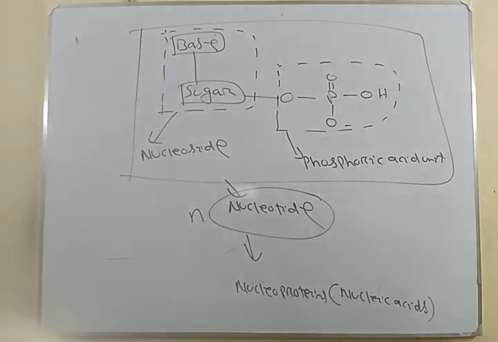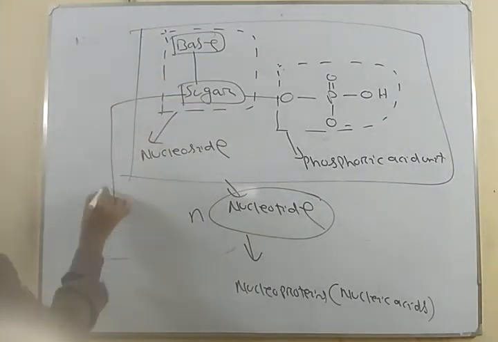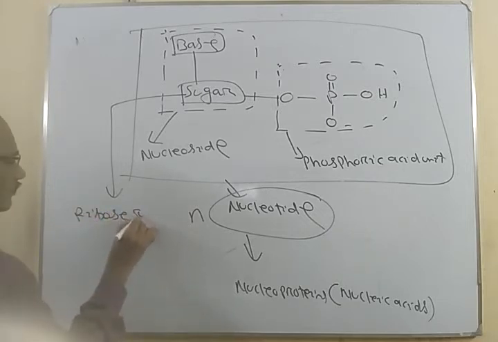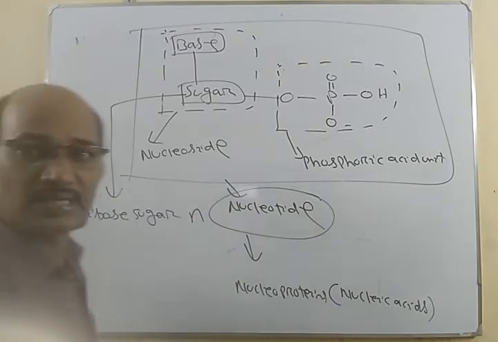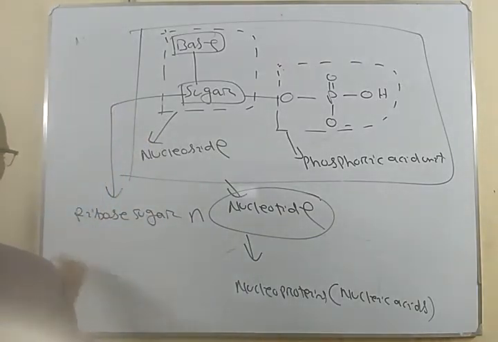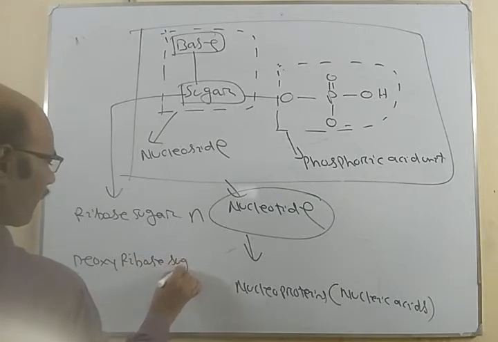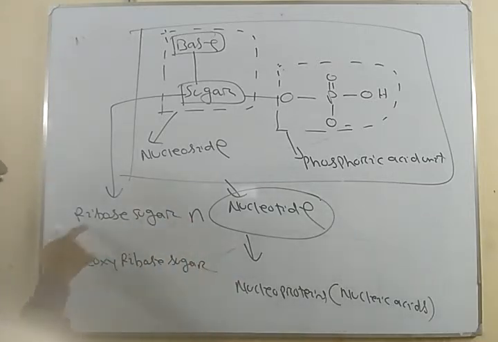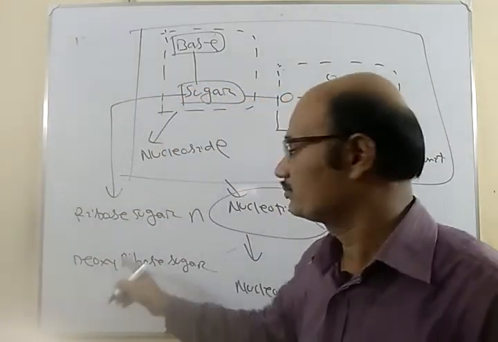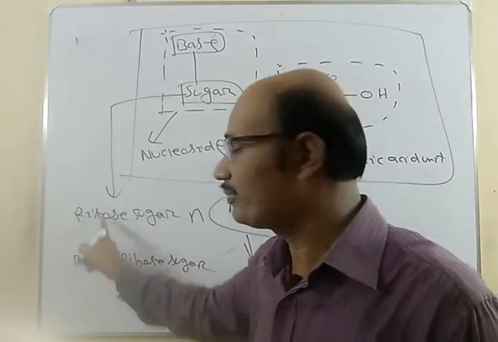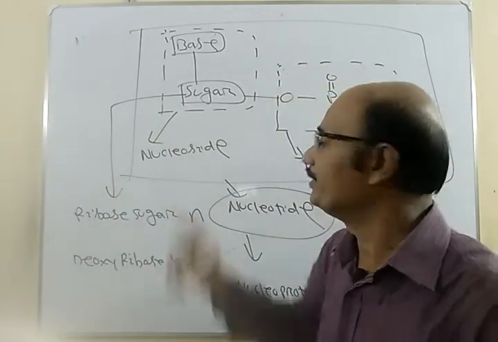Now again, this sugar may be ribose sugar, or it may be deoxyribose sugar. That is, beta D ribose sugar or beta D 2-deoxyribose sugar. That means there can be two kinds of sugar present in the nucleoside.